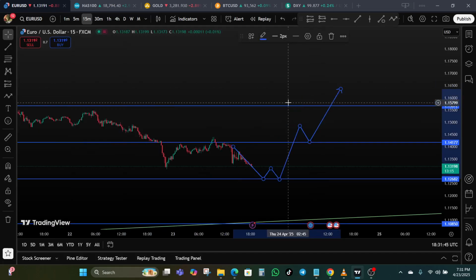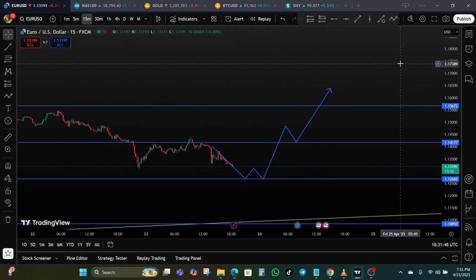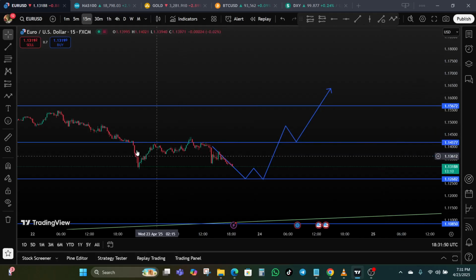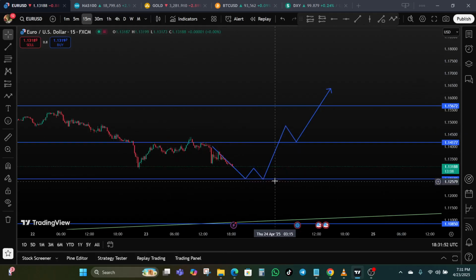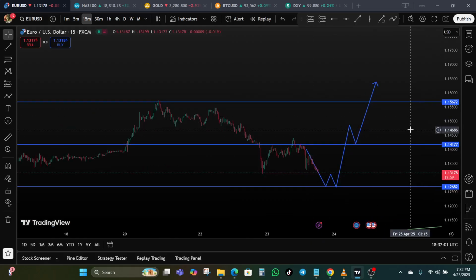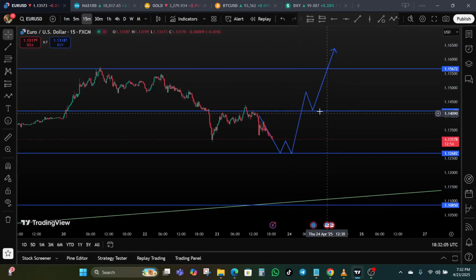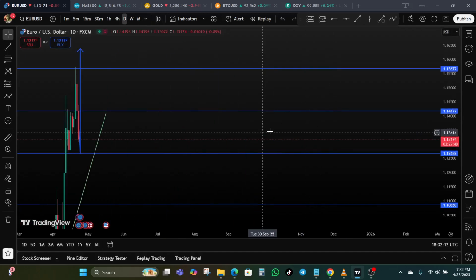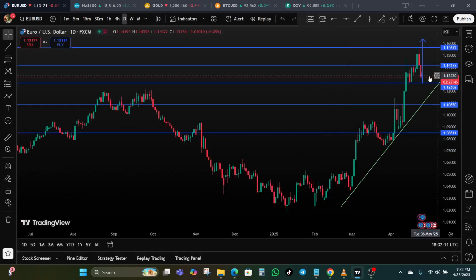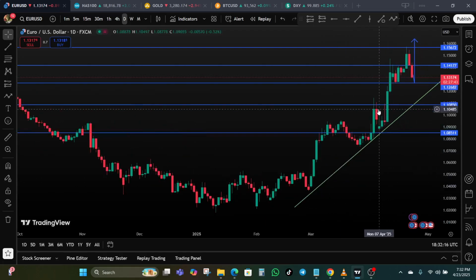Because the higher time frame trend is a buy trend, we could have some minor pullbacks on the smaller time frames. Price might react around this support level, and if the bulls prevail, you might see price get rejected around the support, break out from this resistance, retest it, and break out to the upside in continuation of the daily time frame trend, the overall trend.